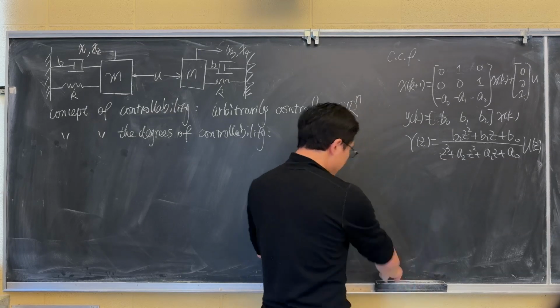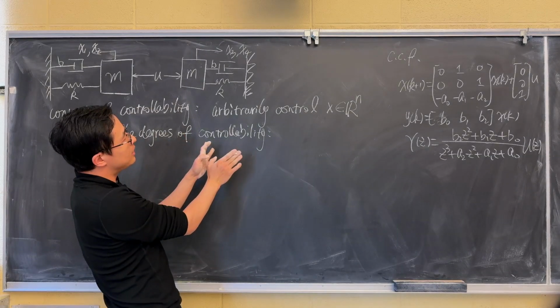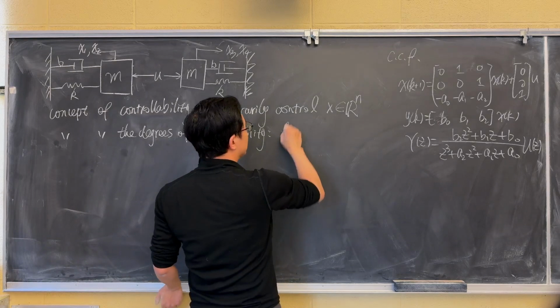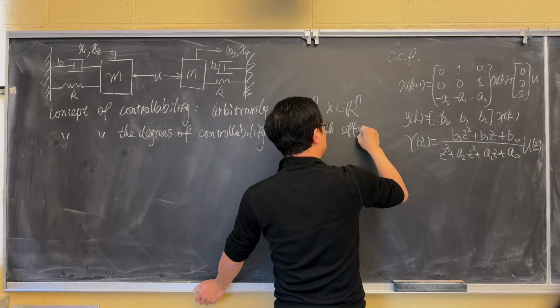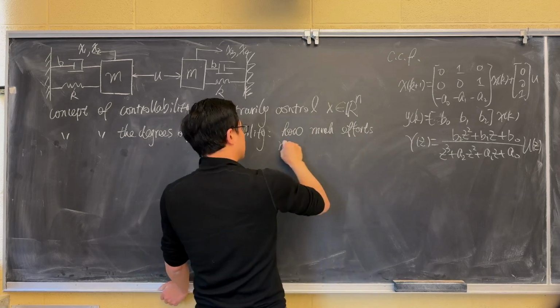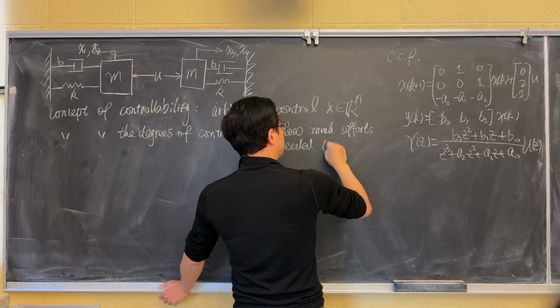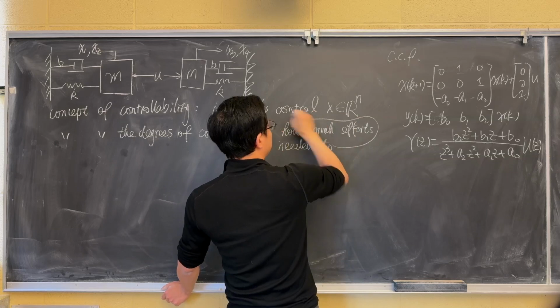So you can see the degree of controllability. It's saying how much effort is needed to do this job.